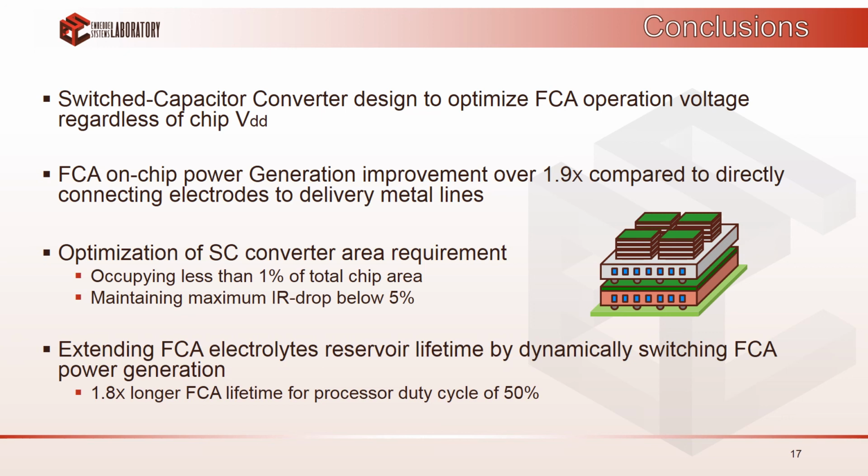Additionally, we lowered the total converter area requirements down to 1% by connecting multiple flow cells to each converter, while maintaining a maximum of 5% IR drop. And finally, we showed that dynamically switching off FCAs using voltage regulators allowed us to extend the lifetime of the FCA liquid reservoir.